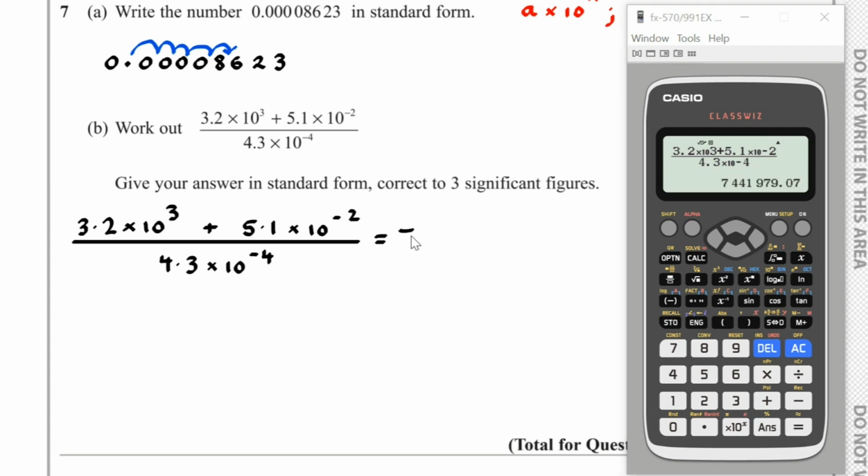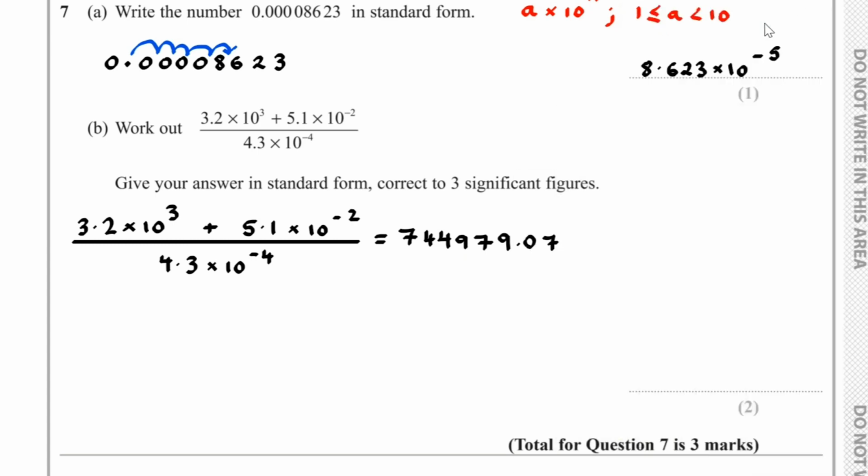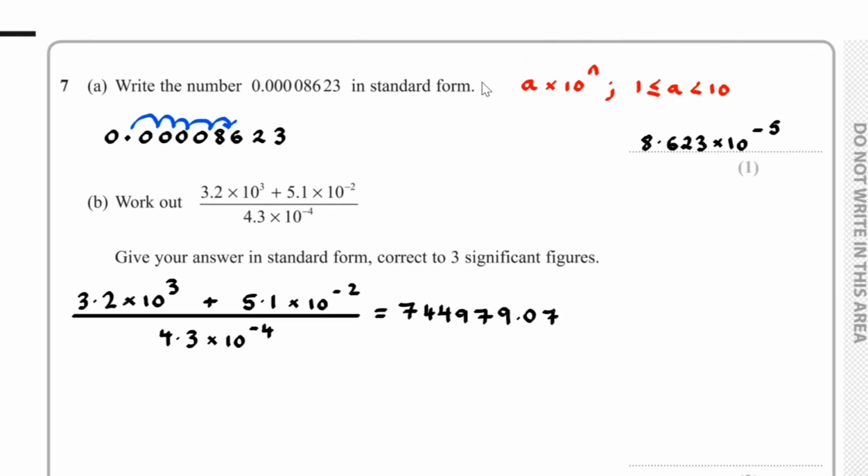And it turns out here we would get 7441979.07. And again, if we were to write this in standard form, bearing in mind for standard form we want the number to be of the form a times 10 to the n, where a is between 1 and 10, we need to move this decimal place 1, 2, 3, 4, 5 to the left.